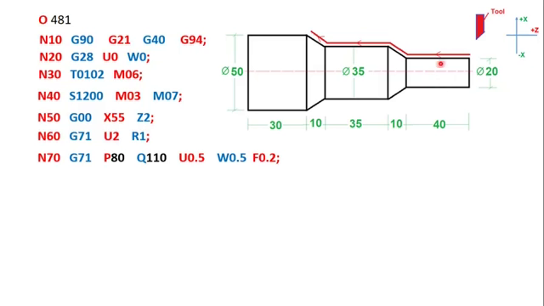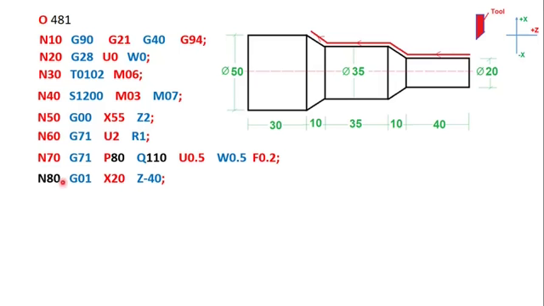Similarly in the X axis, instead of 20, it is kept as 20.5, because you have given 0.5 as the finishing allowance. After this, the tool is here, and it will come to X20 and Z40. So it will come from here to this position. This motion is defined by this part.